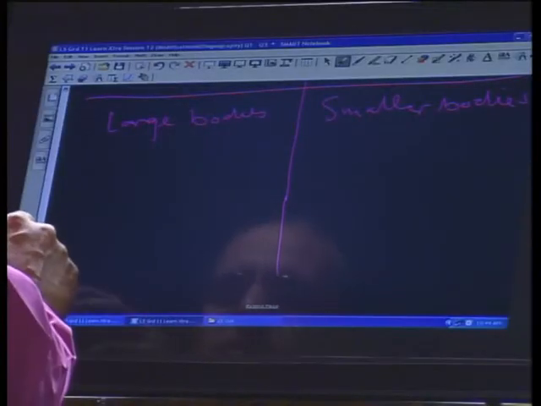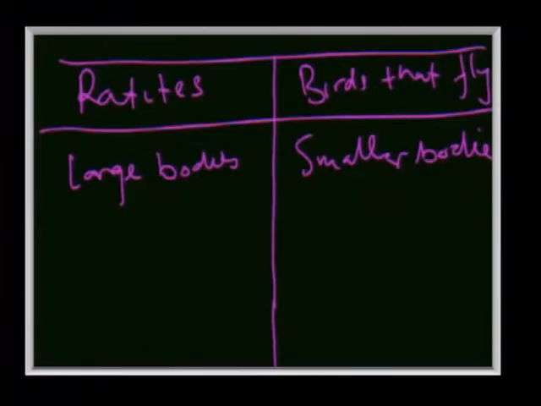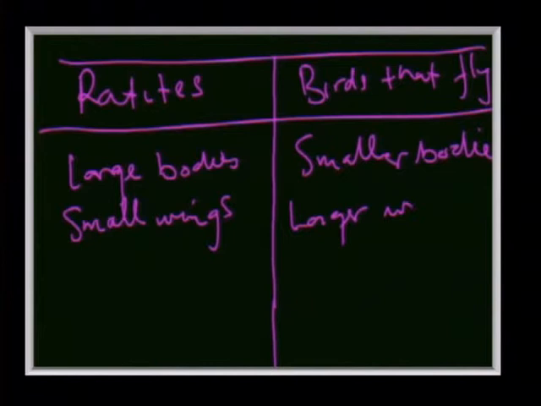So let's have a look. If the ratites have large bodies, they can't fly, so obviously they have small wings. In the case of birds that can fly, they have larger wings. And very important to remember here, this is especially compared to body size.